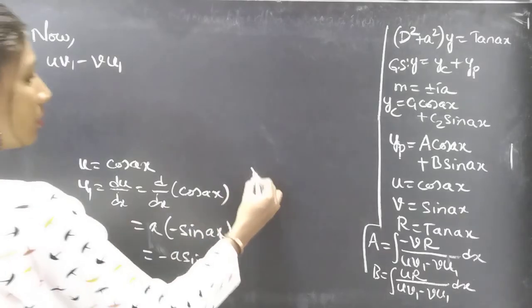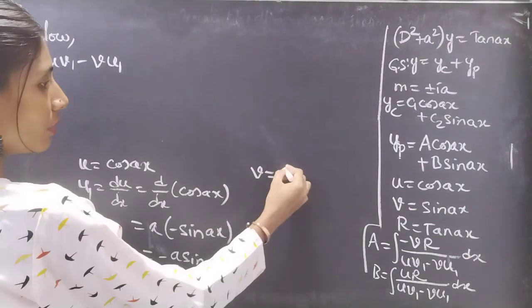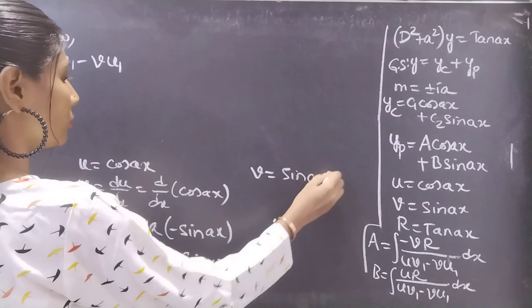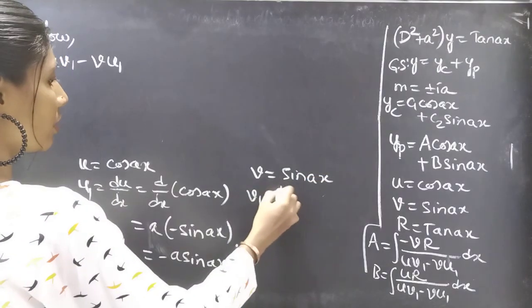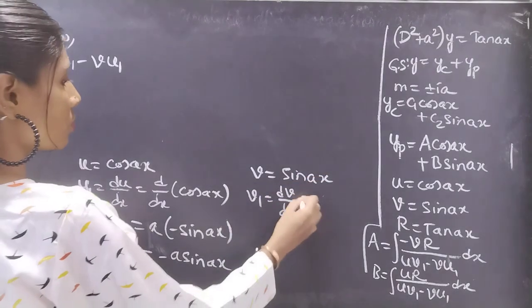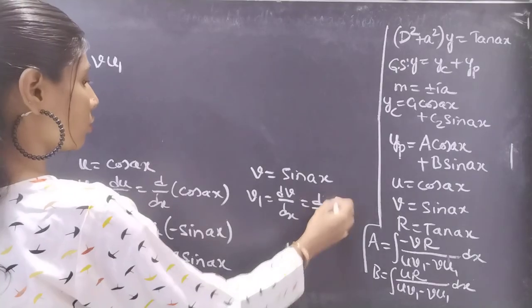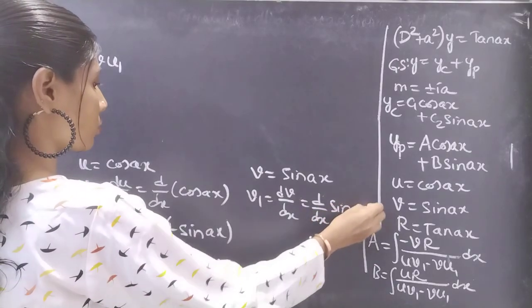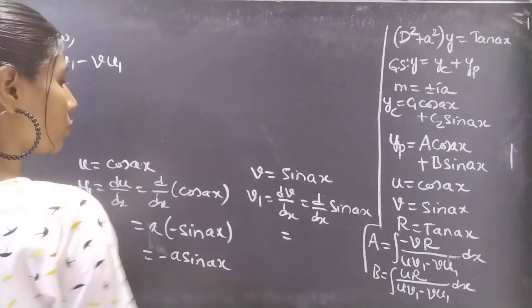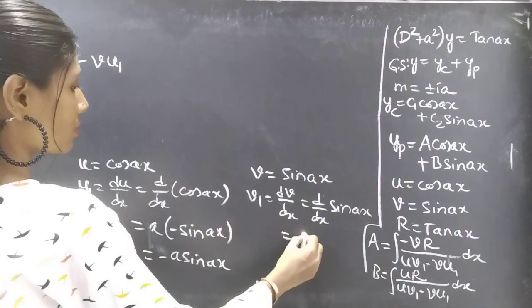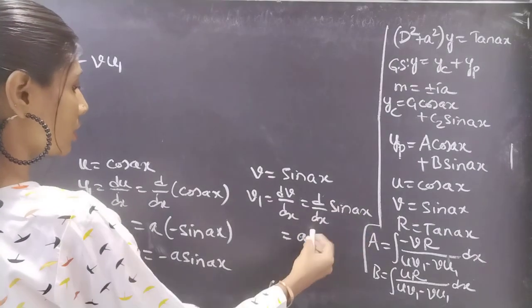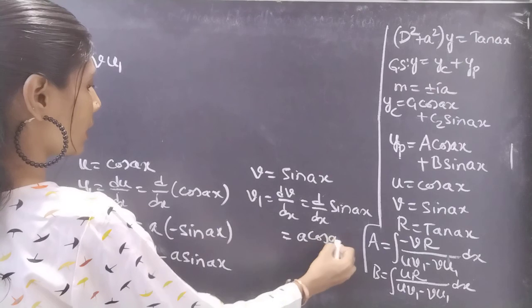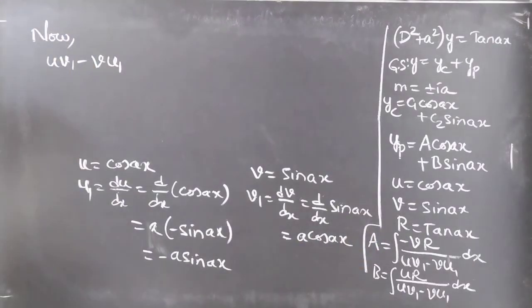Let's now find the derivative of v. If v is sin ax, then v1 is the derivative of v with respect to x, which equals the derivative of sin ax with respect to x. The derivative of sin ax is cos ax, so we'll get constant a into cos ax, right?